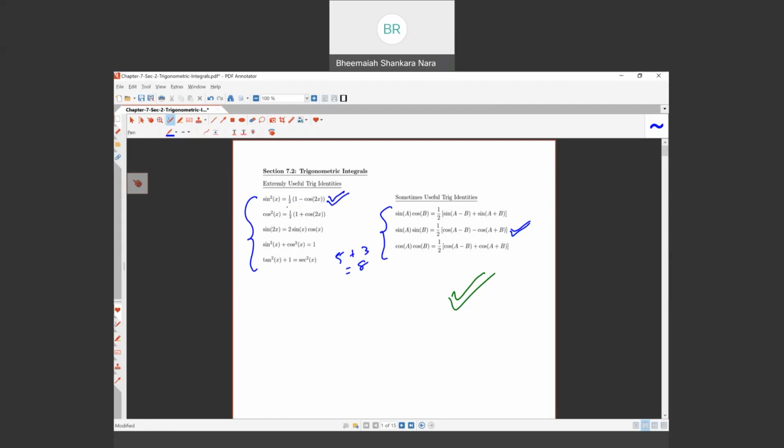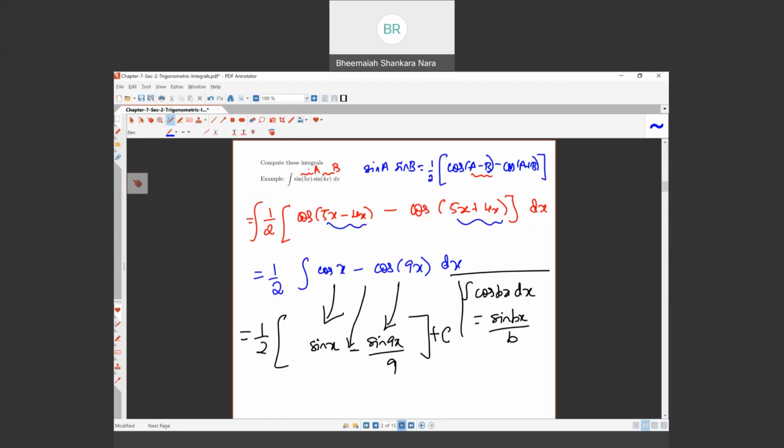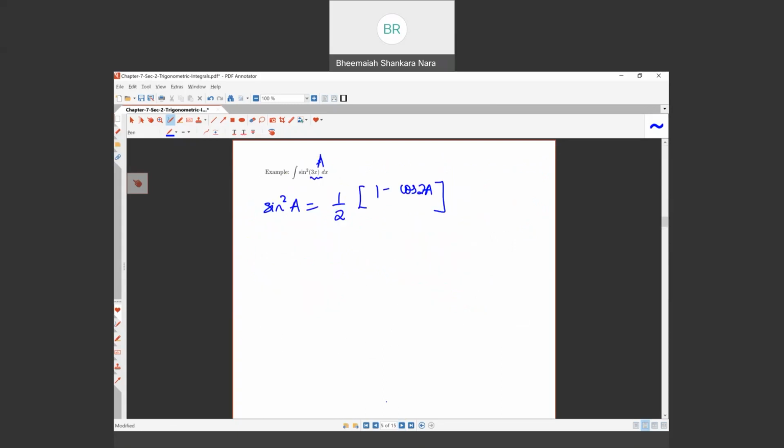Rather than x, I am going to write it as angle A here, which I wrote just now. Now I know the right identity I want to use for this problem. So let me replace this angle A by what we assumed. Angle A is 3x, so replace it, equal to 1 half times 1 minus cosine 6x.